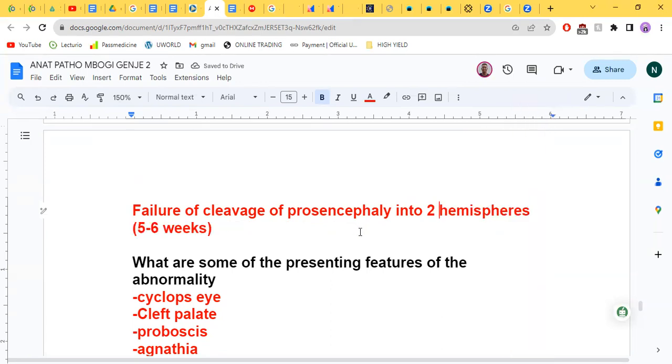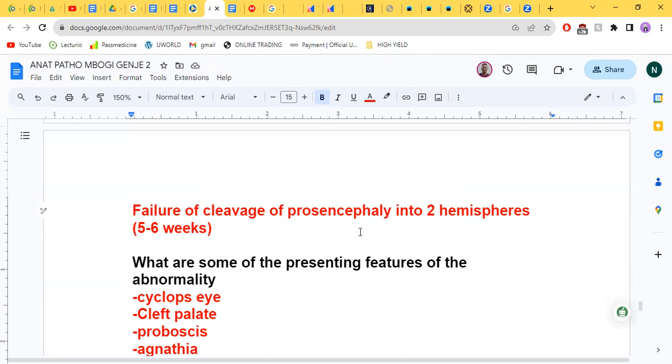For 2 to 3 weeks, you usually have failure of closure of the neuropores. When you have failure of closure of the anterior and posterior neuropore, you get neural tube defects such as spina bifida, then meningocele and myelomeningocele. After that, at 5 to 6 weeks, is when you'll have holoprosencephaly.